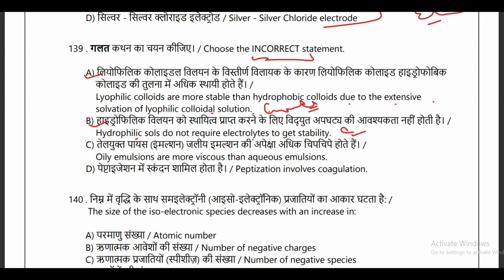Third is oily emulsions are more viscous than aqueous emulsions, so obviously this option is also correct. Fourth is peptidization involves coagulation, so this is the incorrect option and you have to mention it as your answer. So D option is your correct answer, okay, which is peptidization involves coagulation.